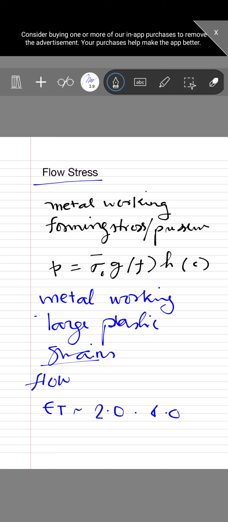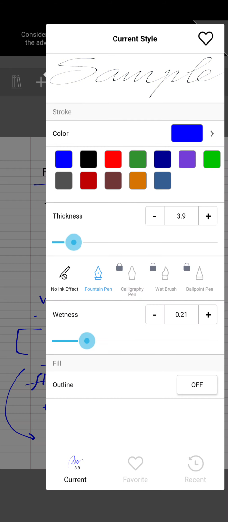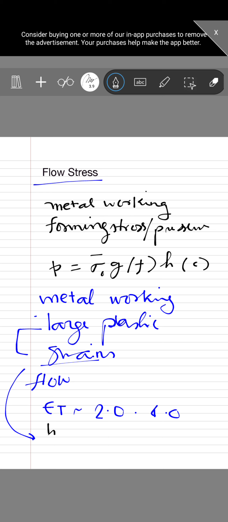Now, apart from these large plastic strains, the metalworking process also involves high strain rates, epsilon dot, which is of the order of 100 per second.